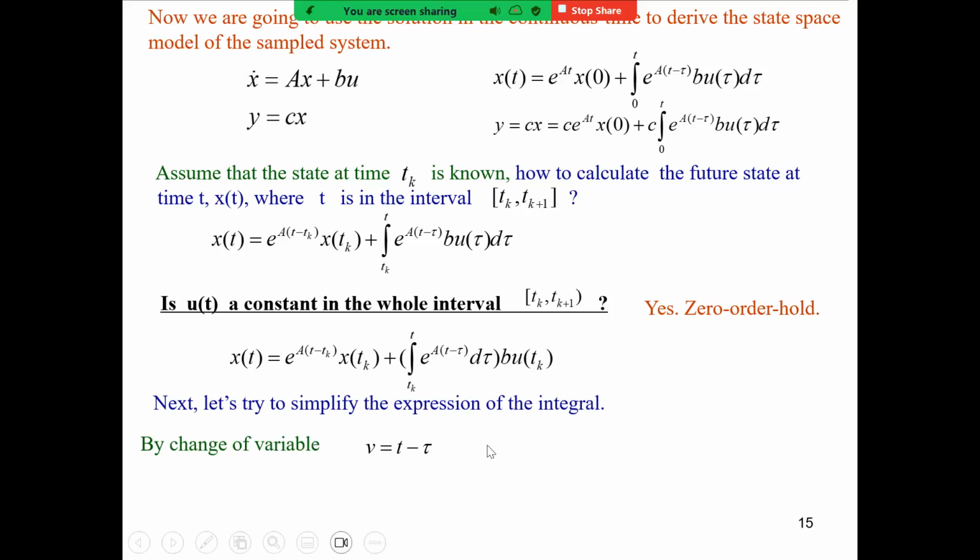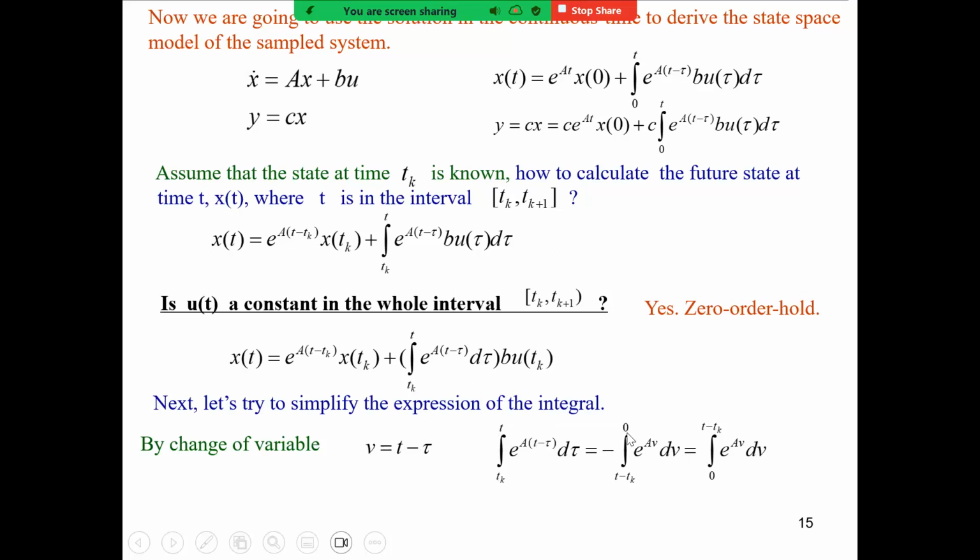Let's do a change of variable. For this t minus tau, I will use a dummy variable v, and then we want to change this expression to make it simpler. Because of this change, e to the a times t minus tau becomes e to the av. For d tau, since tau equals t minus v, d tau becomes minus dv.